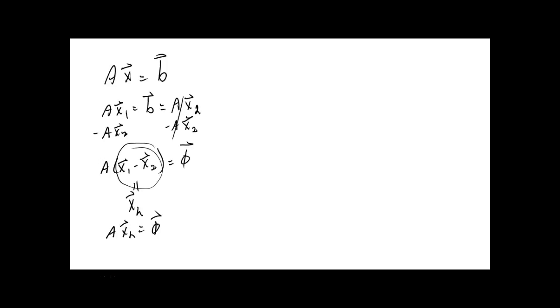So for any scalar c, A times x1, that first one that we had here, plus c x sub h, is going to be Ax1 plus A c x sub h. All right? That's just distributing A across two vectors, which is a legal move.